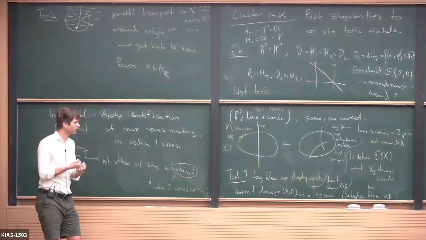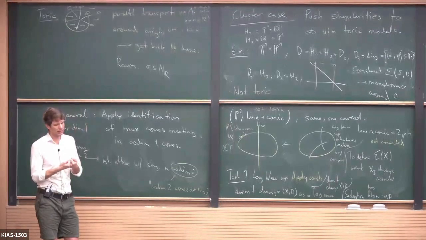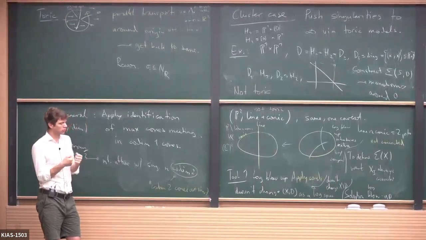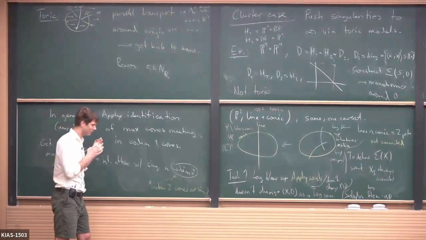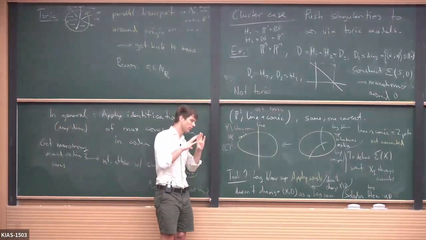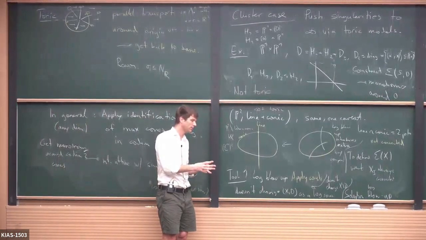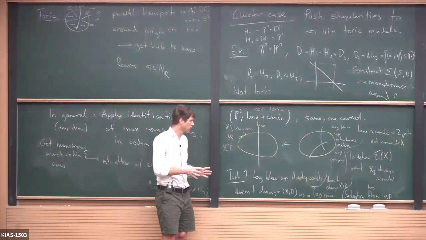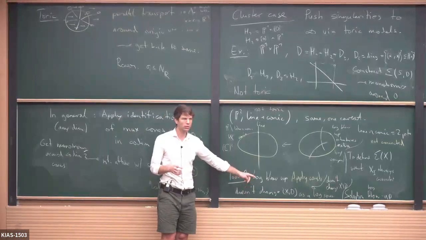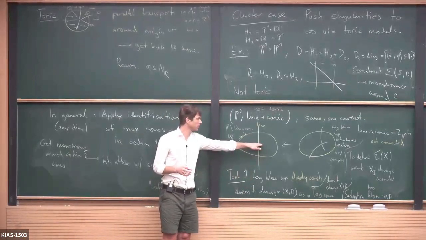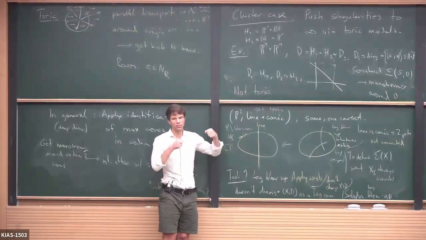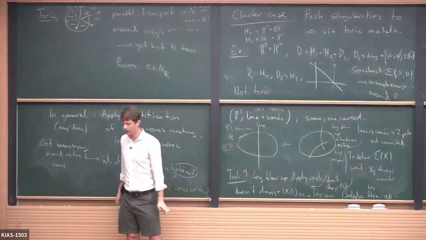The first step is to say that a cluster variety is something that is log birational to a non-toric blow-up of a toric variety. For every cluster variety, there is a toric variety such that by performing this type of blow-up and blow-down, as well as some non-toric blow-ups and blow-downs, where you blow up some smooth points of the divisor, you get a log Calabi-Yau compactification of your cluster variety.